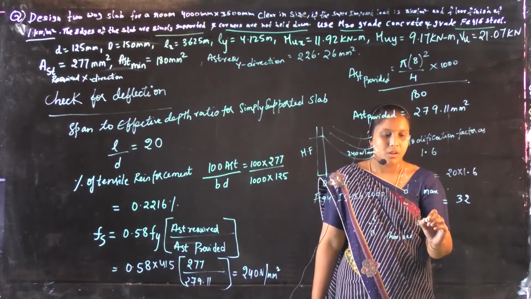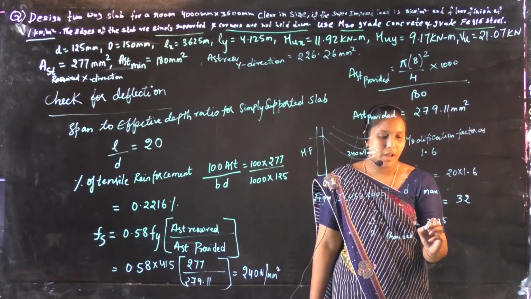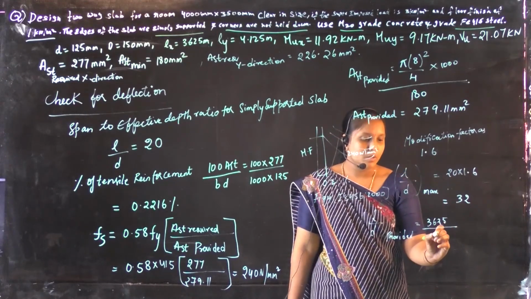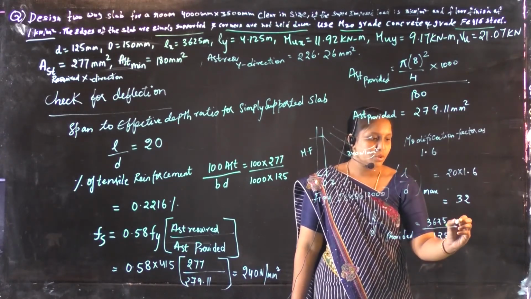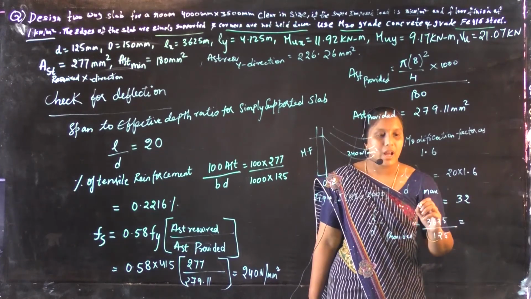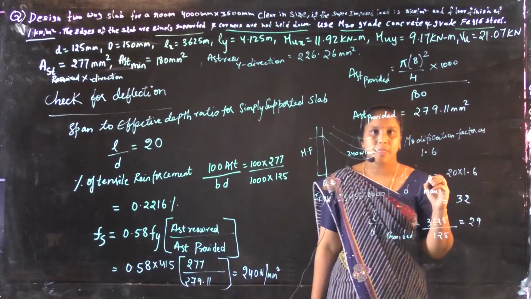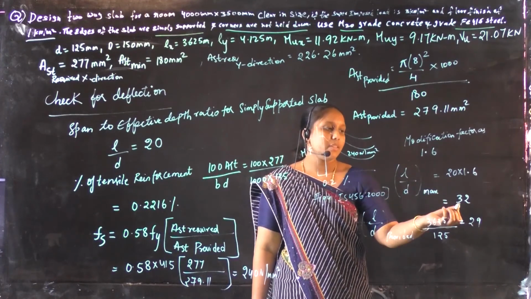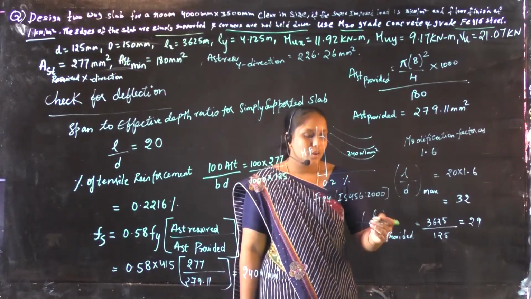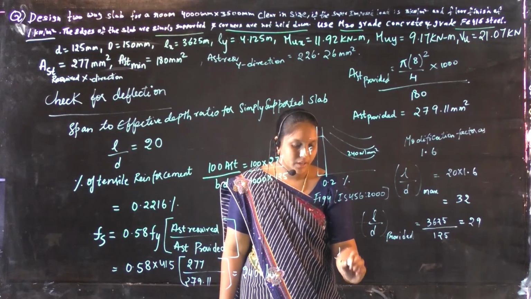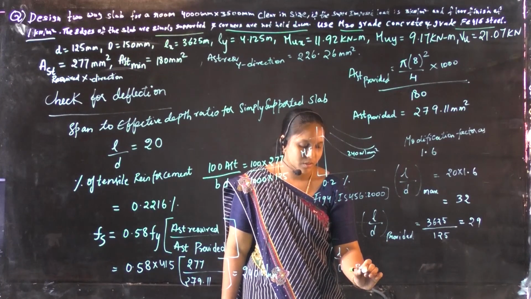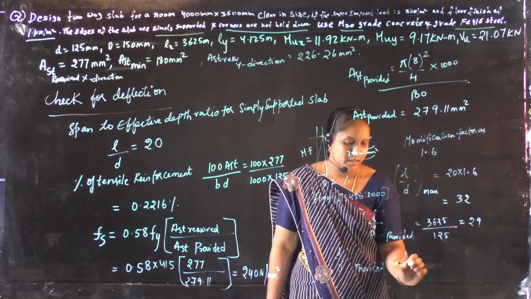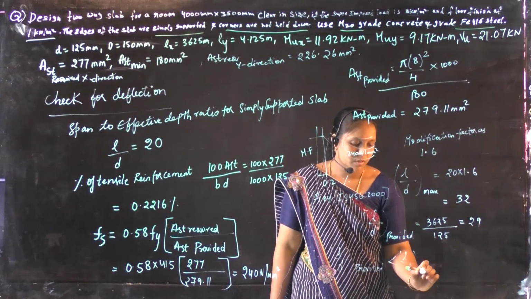So 3625 mm divided by D, where D here is 125 mm. If you solve this, you will get a value of 29. The L by D provided is less than the maximum value.